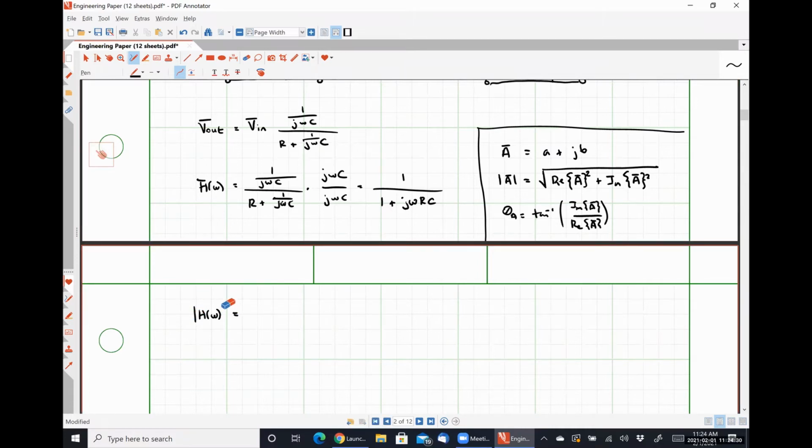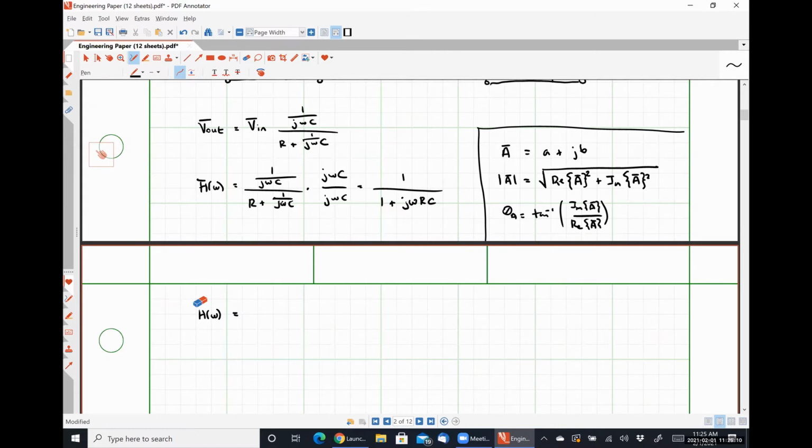So how can I convert my transfer function here, H of omega, into a rectangular form complex number with a discrete real part and a discrete imaginary part? Effectively, how do I get rid of the complex portion of the denominator there, which is what's screwing everything up for me being able to just directly apply these definitions?